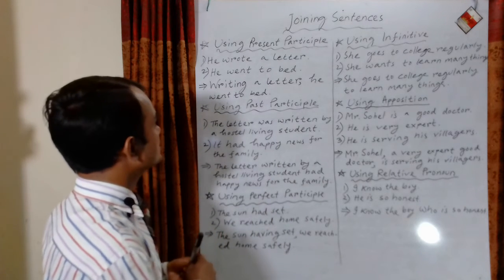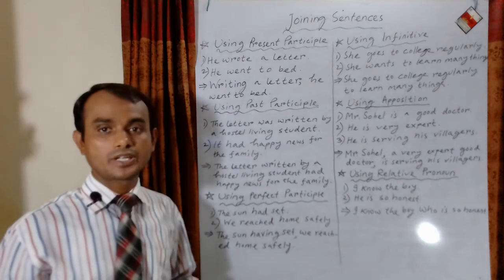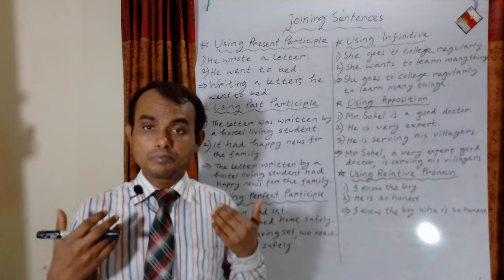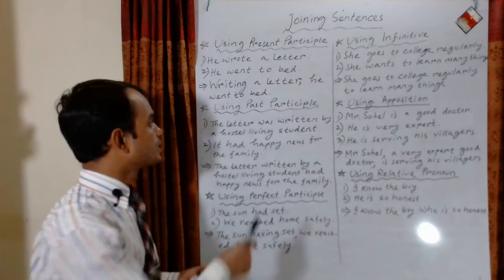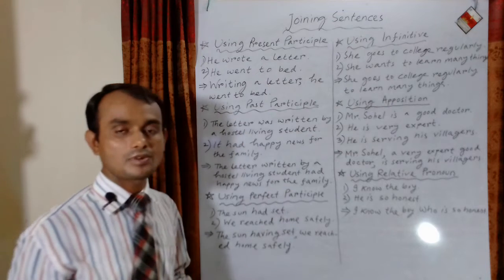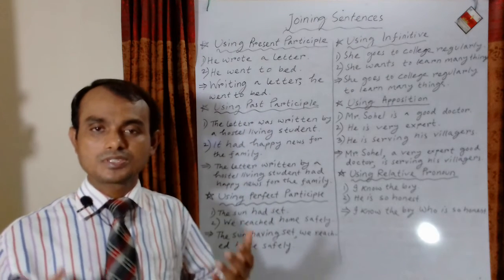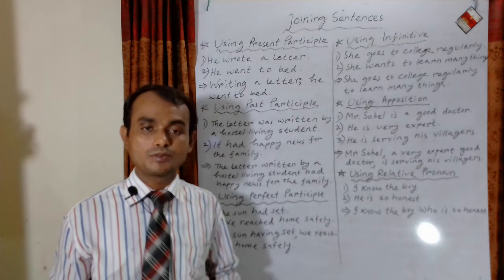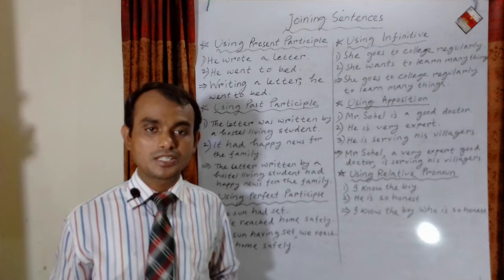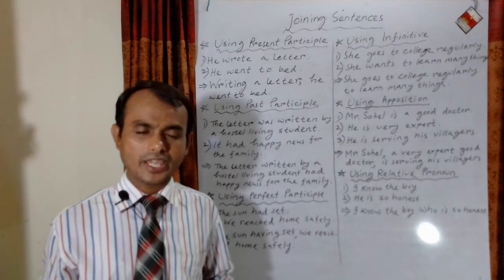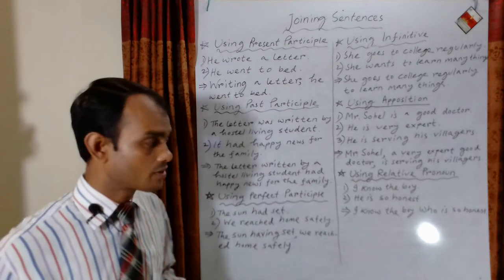What are the ways? You can use present participle, you can use past participle, you can use perfect participle, you can use infinitive, you can use apposition, you can use relative pronoun and many others. Okay.